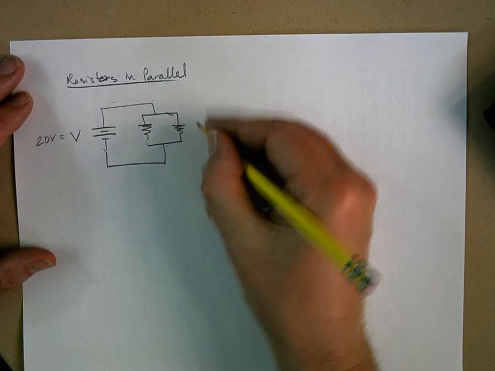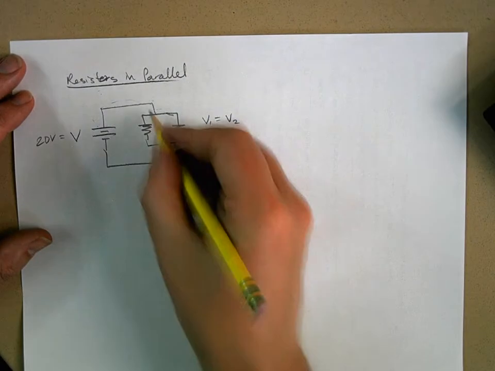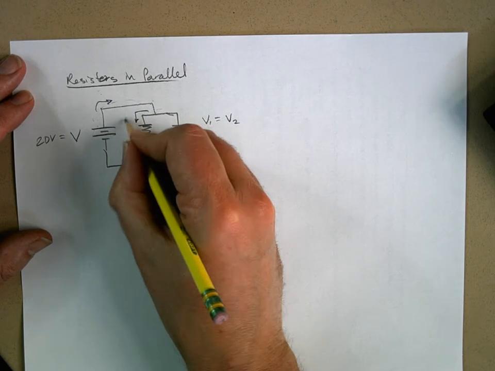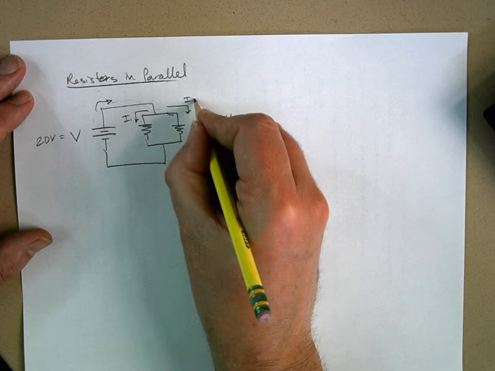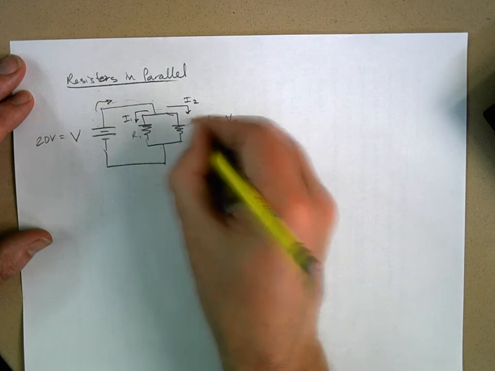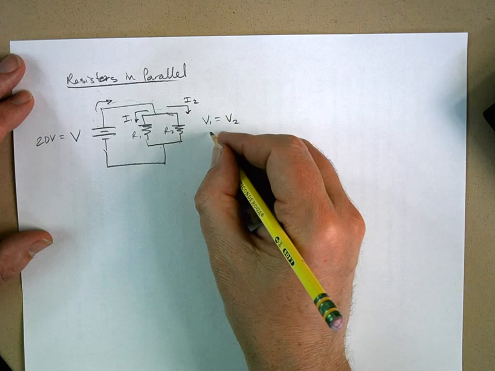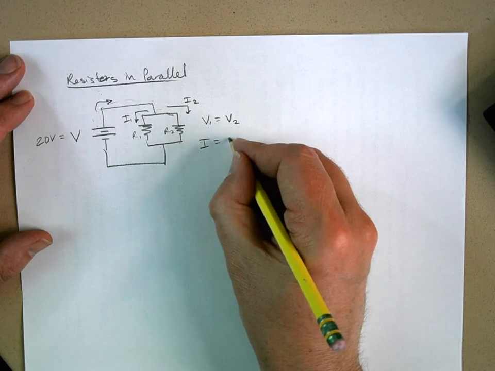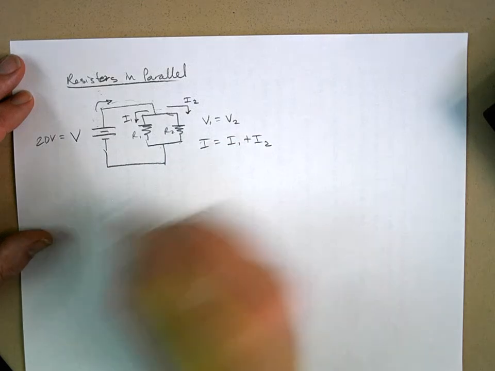So V1 equals V2. But if this is the total resistance, well, here's I1 and here's I2, assuming this is R1 and this is R2. Okay, well, the total current is equal to I1 plus I2. Well, what do we know about Ohm's law?